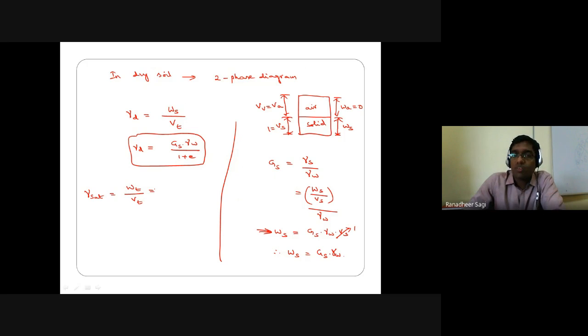Now, what is my total weight of the soil? It is weight of soil solids plus weight of water, divided by the total volume of the soil, which in turn we can write as 1 plus e.